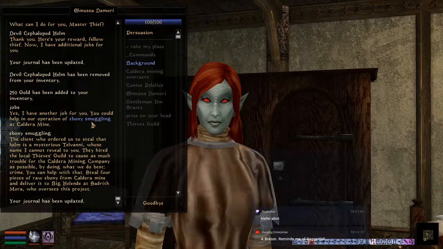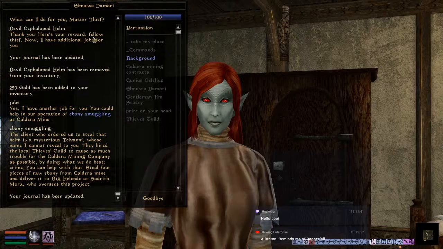The client who ordered us to steal that helm, El Musa Damurai told me that the local Thieves Guild is paid by a mysterious Telvanni client to disrupt the operations at Calderum mine in any way possible. El Musa Damurai wants me to participate in that, and steal 4 pieces of raw ebony from the mine. After that, I should deliver that to Big Helland at Sadrith Mora, who oversees this operation.